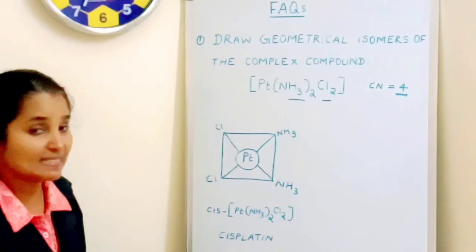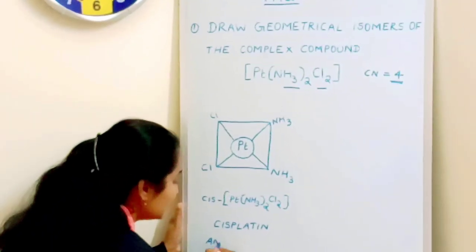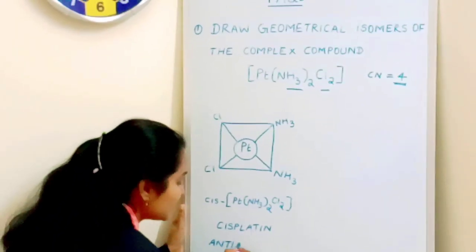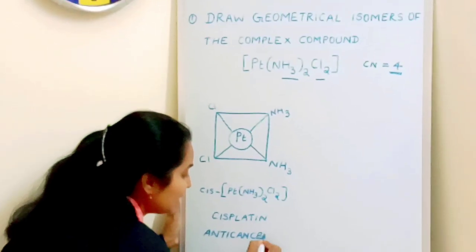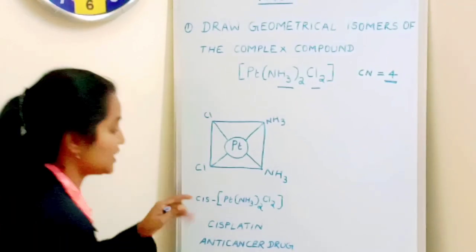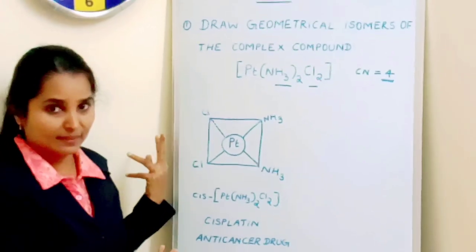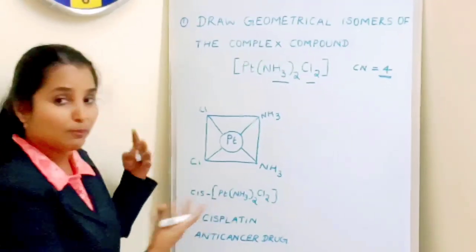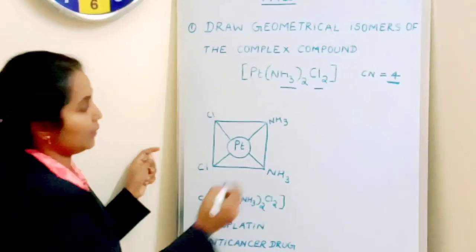So cisplatin is an anti-cancer drug. That makes it very important. It's used in the treatment of cancer. So you should know its formula. You should know its structure. What's the structure of cisplatin? What's the chemical formula of cisplatin? You know it. This is the cis form of this particular coordination compound.